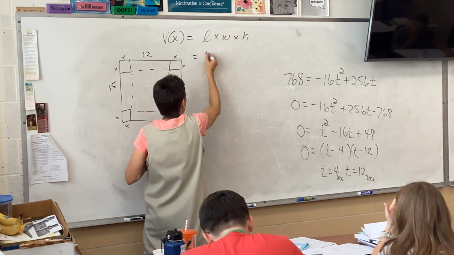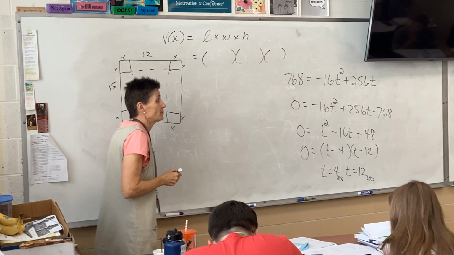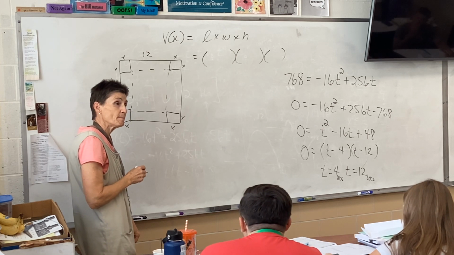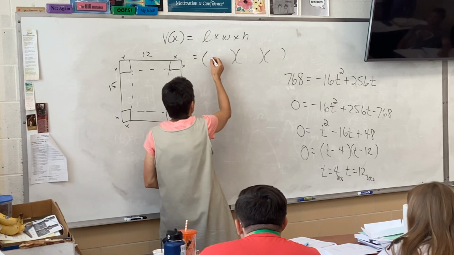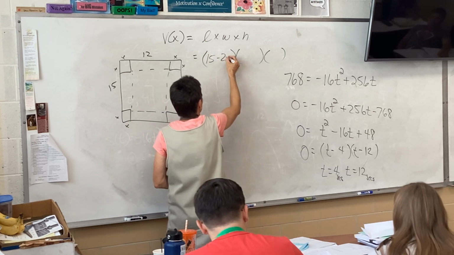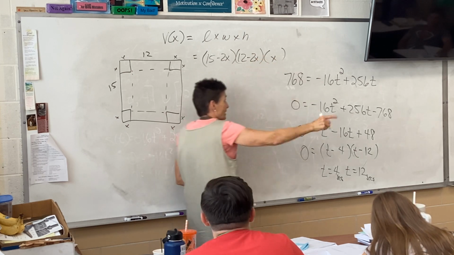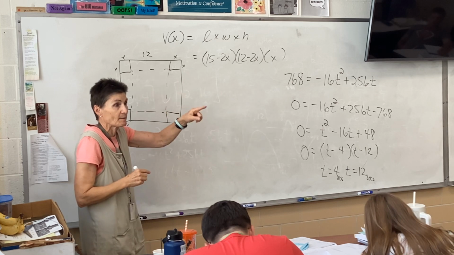So let's do it in terms of our situation. What do you think, Josie? x times (15 minus 2x) times (12 minus 2x). You're exactly right, Josie. Order doesn't matter.